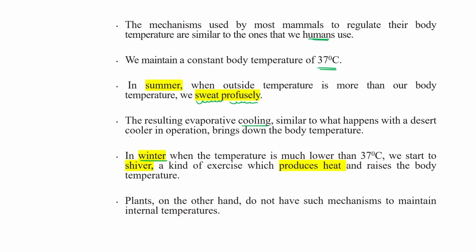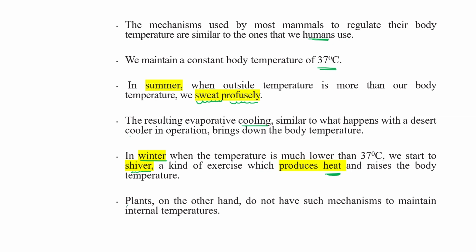We start shivering, a kind of mechanical reaction, and because of this shivering, our body very quickly generates heat, and this heat raises our body temperature. So this type of mechanism is already present in our body. This is how we constantly maintain our body temperature at 37 degrees centigrade.